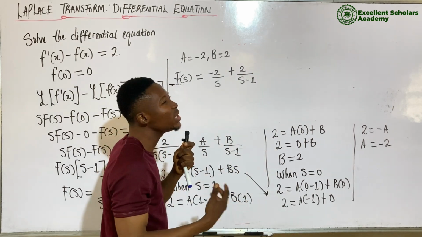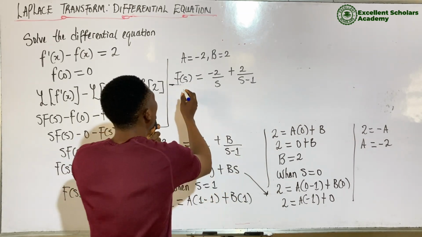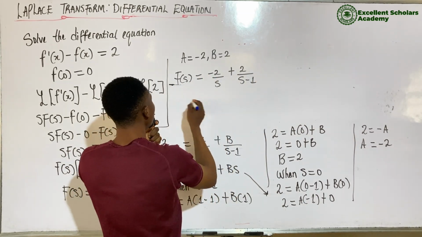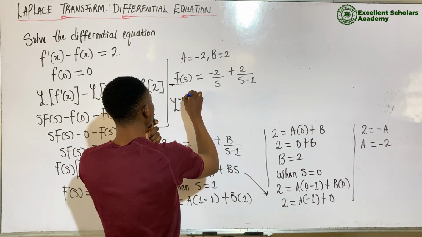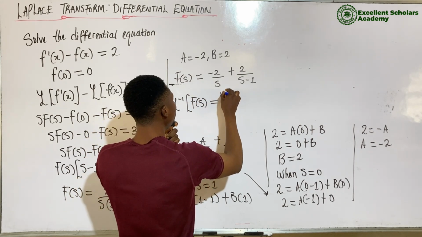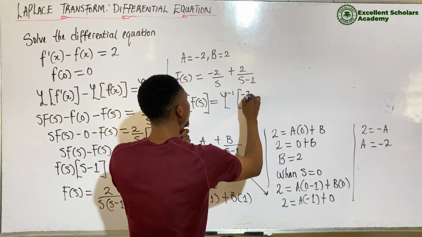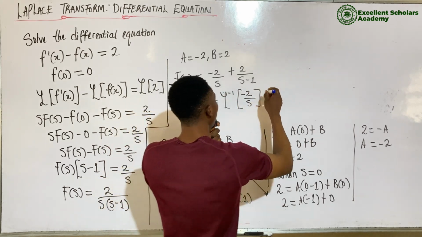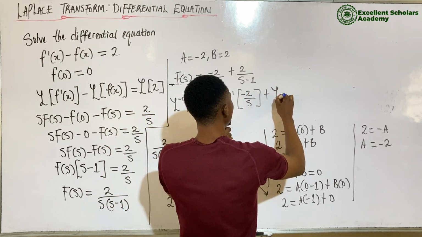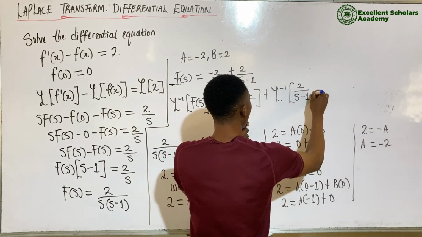Now for us to get the solution to the differential equation, we are going to take the Laplace inverse of each term. So it becomes Laplace inverse of f of s is equal to Laplace inverse of minus 2 over s plus Laplace inverse of 2 over s minus 1.